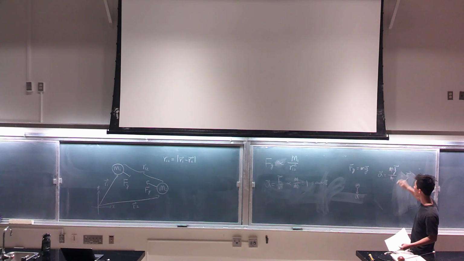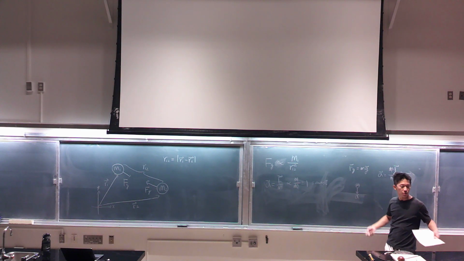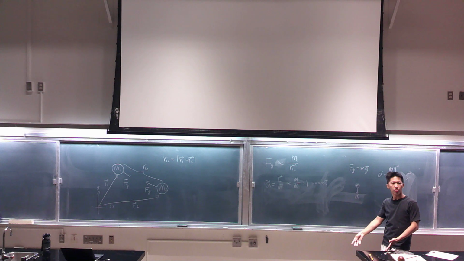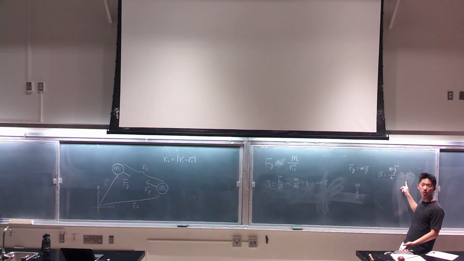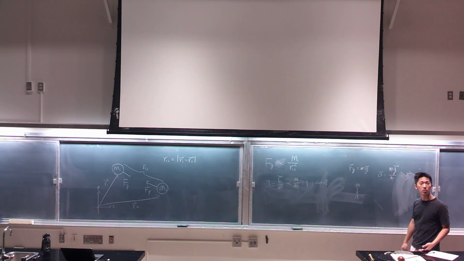So no matter whether this object is 1 kilogram, 2 kilogram, or 3 kilogram, you saw the feather and the bowling ball thing. You drop them, they fall down in the same time because the acceleration caused by gravity is the same. Therefore, gravity must be proportional to the mass of the object, so you can cancel that in Newton's second law. Okay?